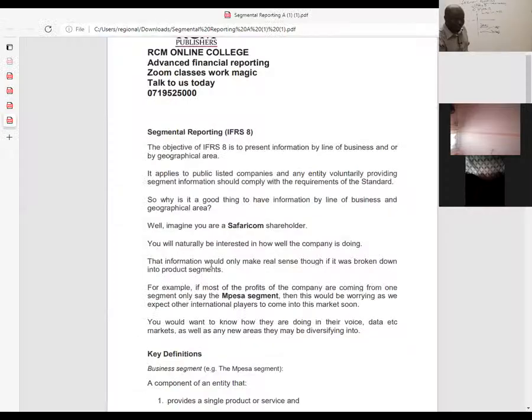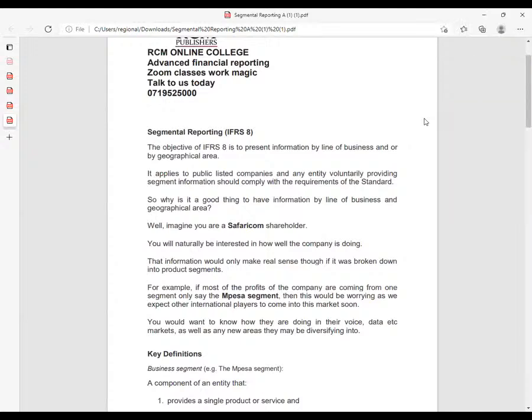We continue. So why is it a good thing to have information by line of business and geographical area? Well, imagine you are a Safaricom shareholder. You will naturally be interested in how well the company is doing. That information will only make real sense if it was broken down into product segments.